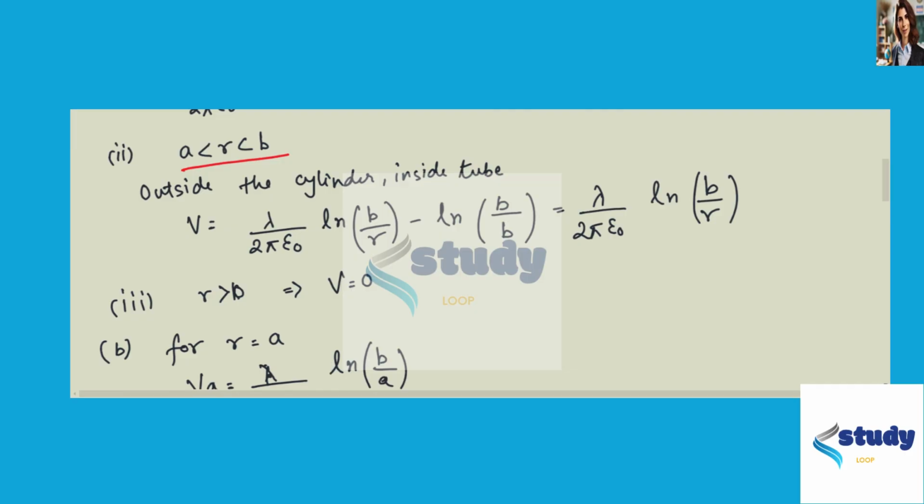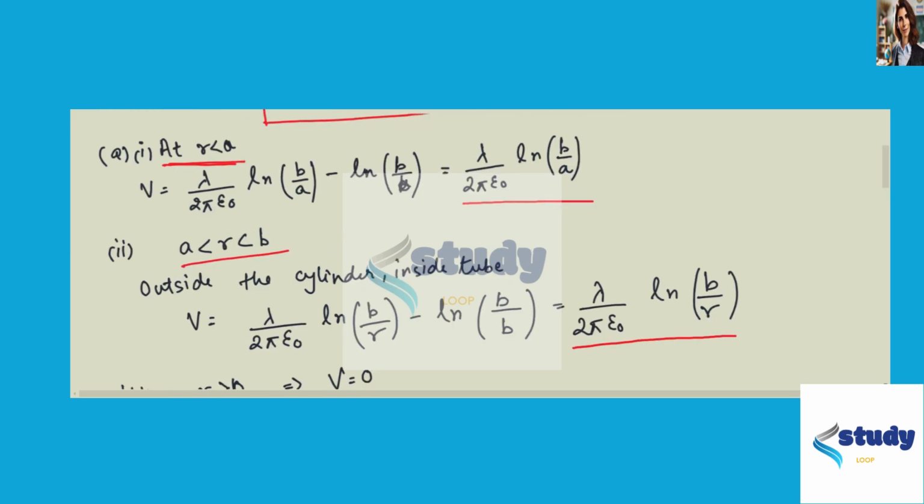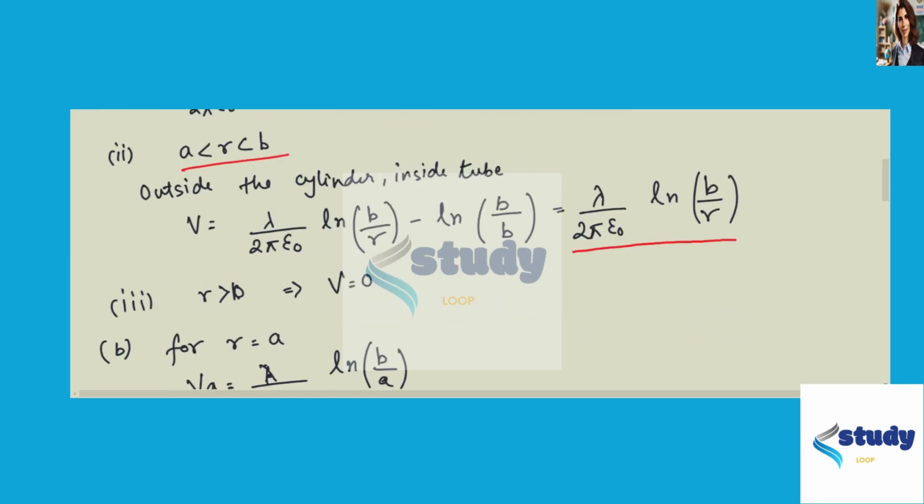So this comes out to be lambda by 2 pi epsilon naught ln b by r. Now for r greater than b, V is equal to 0, right? So this will be our answer for the third part.